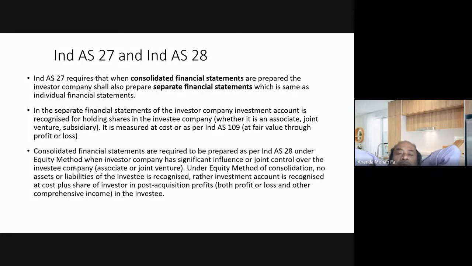Under the equity method, what is that? When the investor company has significant influence or joint control over the investee, associate or joint venture, in that case the equity method would be applied.